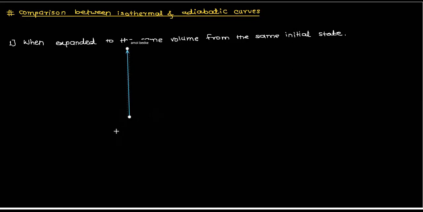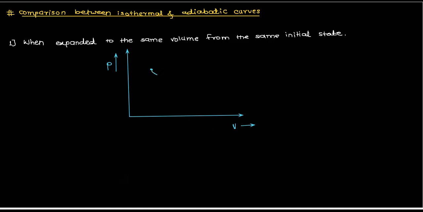So see here, I am taking volume on the x-axis and pressure on the y-axis. It is like just an indicator diagram. Yes, pressure on the y-axis, not on x, and volume on the x-axis. So expanded to the same volume from the same initial state, what type of graph are you getting? You see here, this is your initial state.